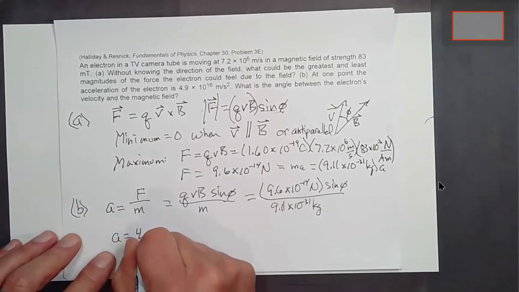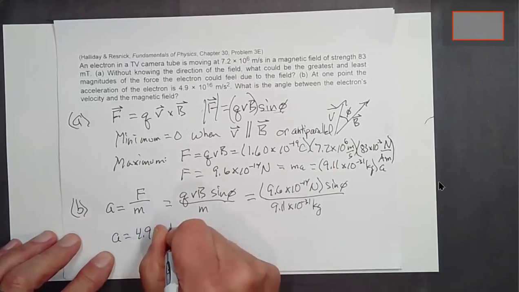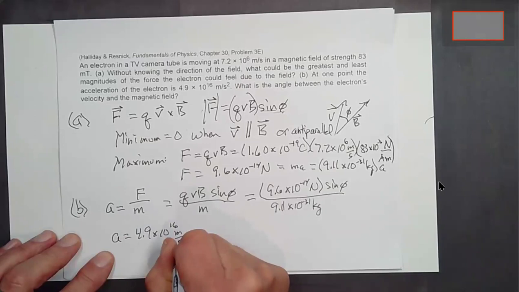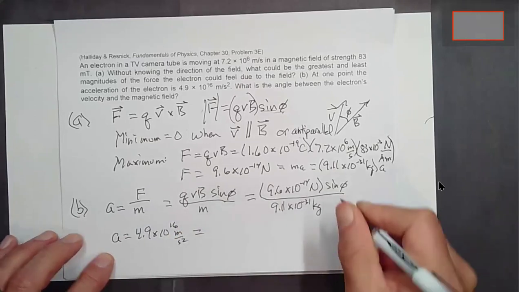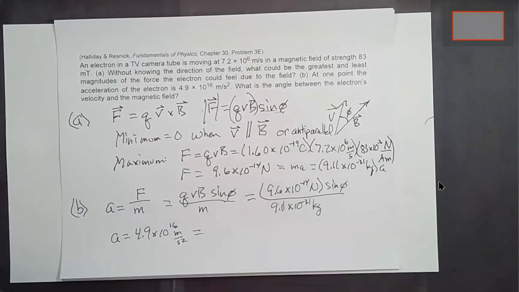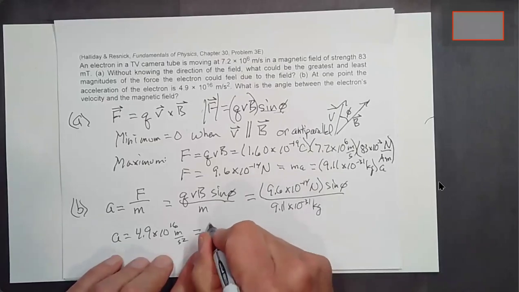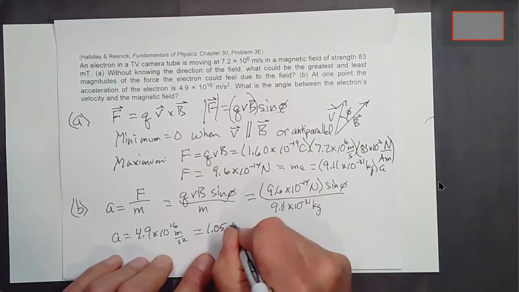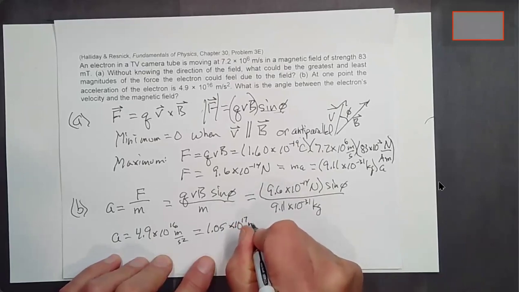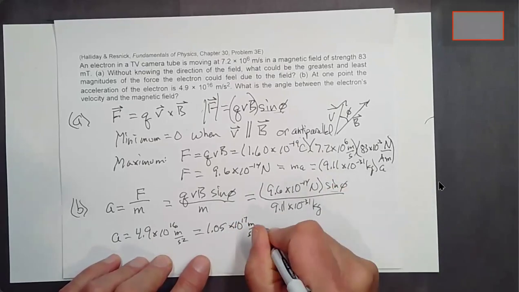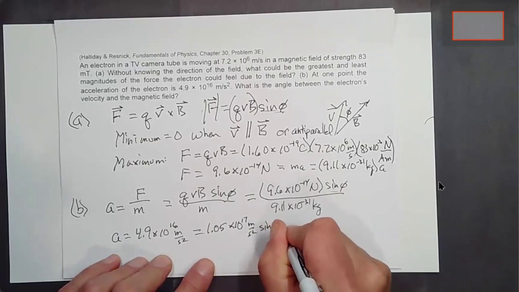A equals 4.9 times 10 to the 16th meters per second squared, which is going to equal, now I'll actually calculate this thing. This is 1.05 times 10 to the 17th meters per second squared, and I still have that sine of phi there.